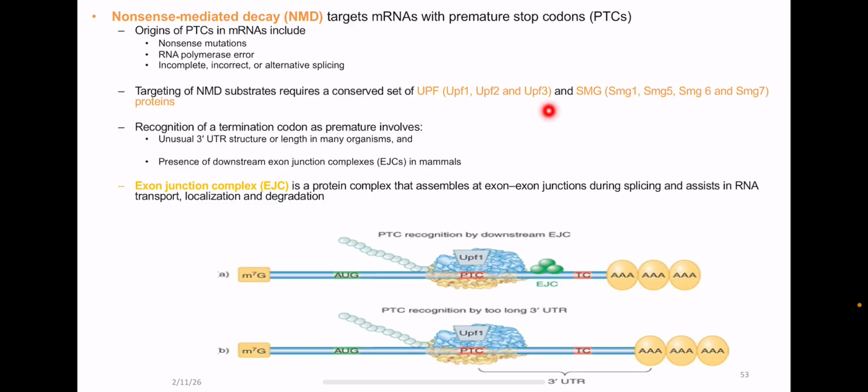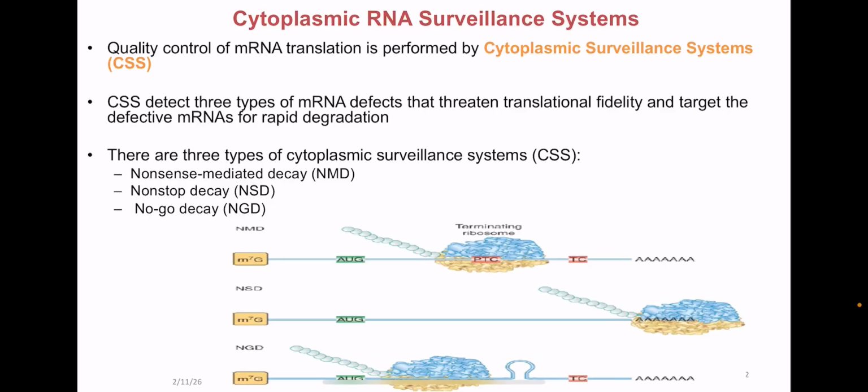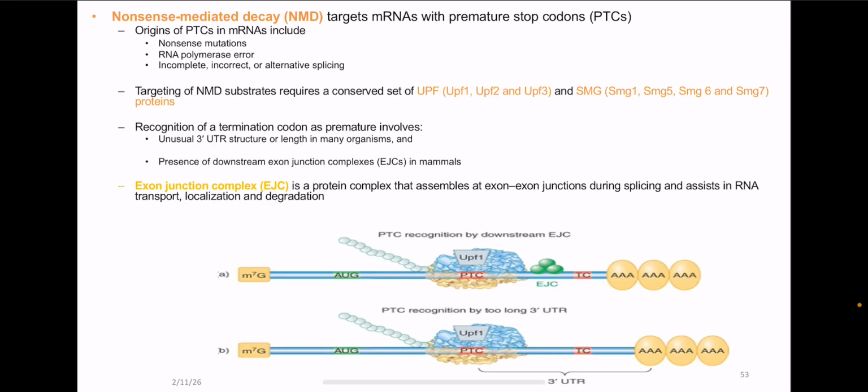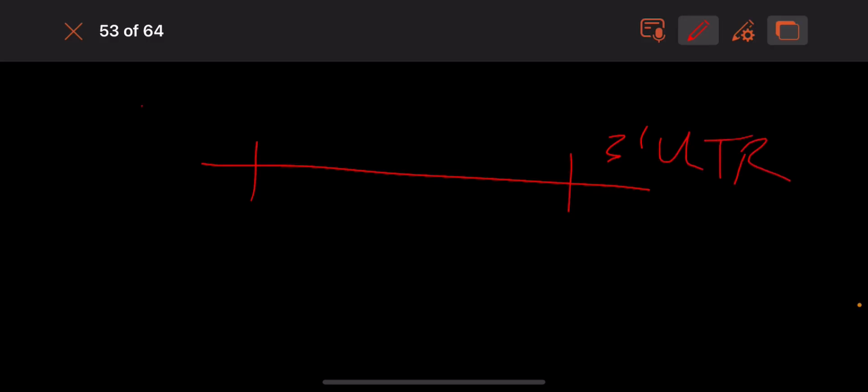Okay, so the recognition of the termination codon as premature involves unusual 5' and 3' UTR structure. Mostly, how they realize this particular mRNA was prematurely terminated is, when an mRNA is transcribed, you realize there is a 3' UTR and a 5' UTR.